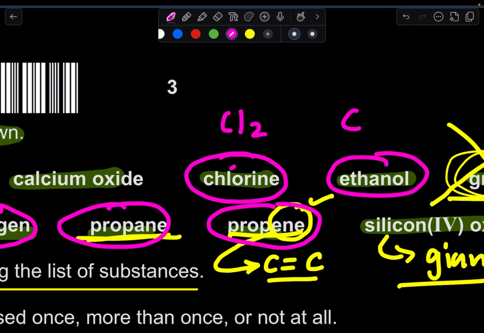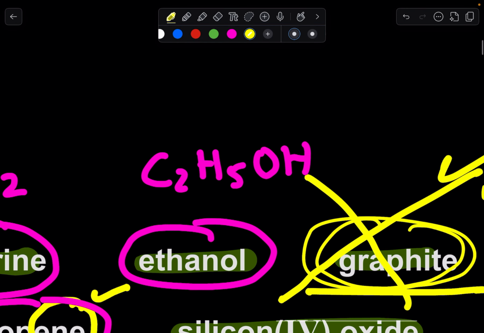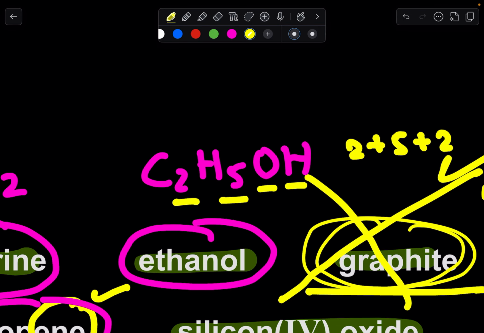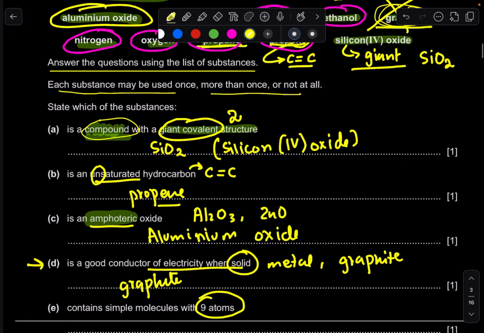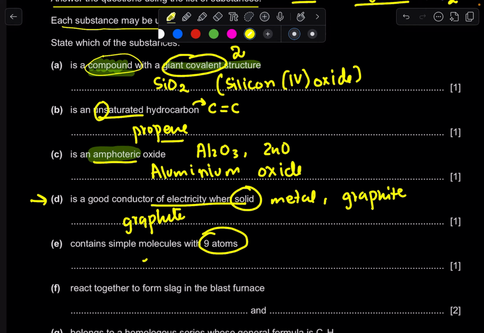Ethanol is C2H5OH. Let's count for ethanol. Ethanol has 2 plus 5 plus 1 plus 1. So 2 plus 5 plus 2, 5, 6, 7, 8, 9. So ethanol is going to have 9 atoms. So the answer for this one, a simple molecule with 9 atoms, is going to be ethanol.